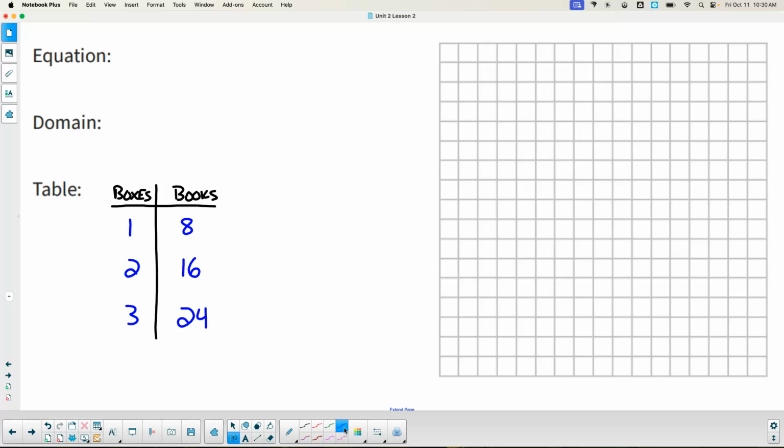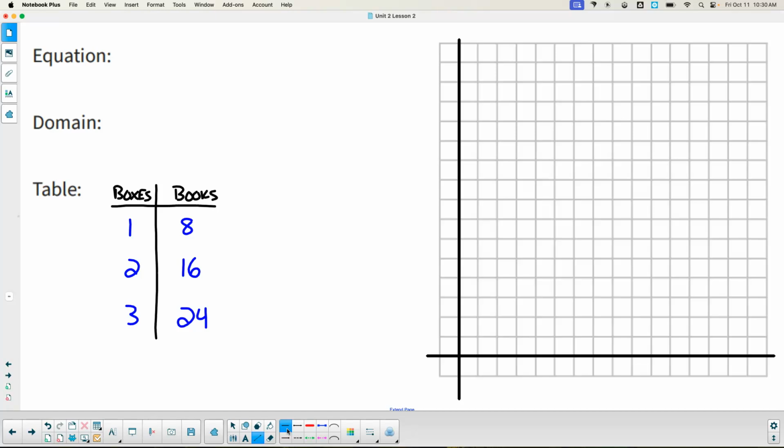Let's put this on a graph. Draw in our axes. Then we need to label our axes. So the number of boxes is going to be my independent variable, and we can go by ones there.